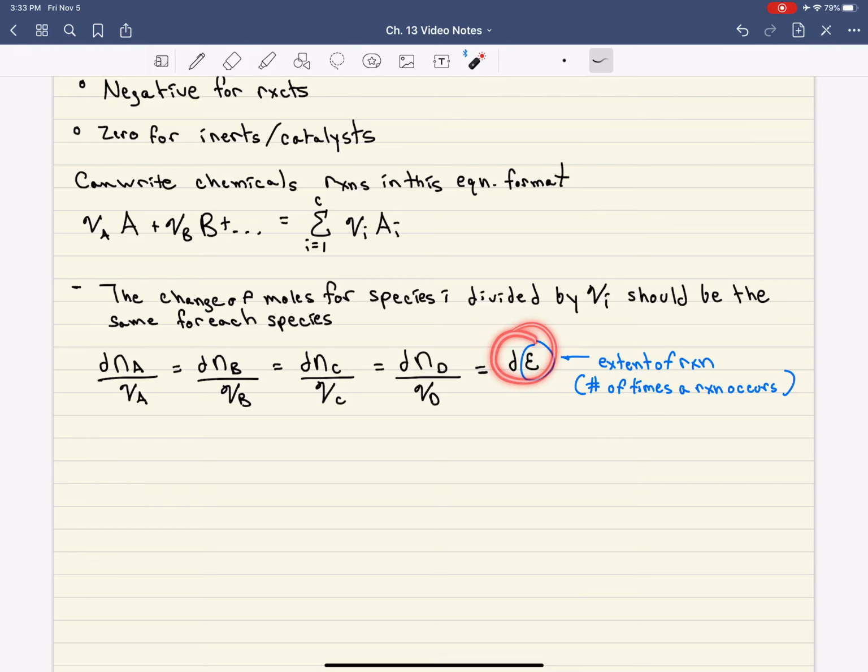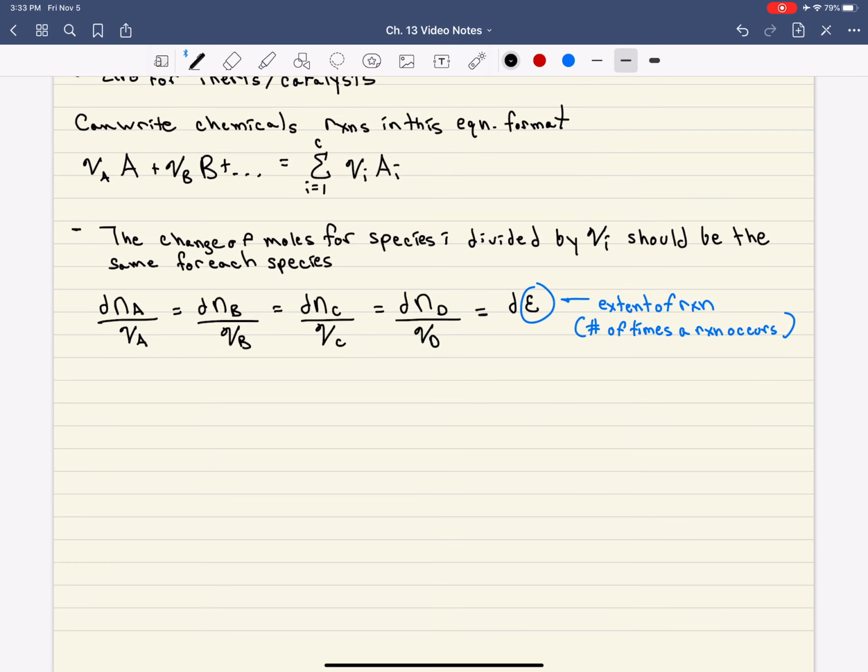Now that we've defined the extent of reaction, we can rearrange it in this way, such that the change in moles of species i is equal to the stoichiometric coefficient times d epsilon, the differential extent of reaction. Okay? And the nice thing about this is that the extent of reaction is just a single variable, but we can use it to describe the change in moles for all species involved in the reaction.